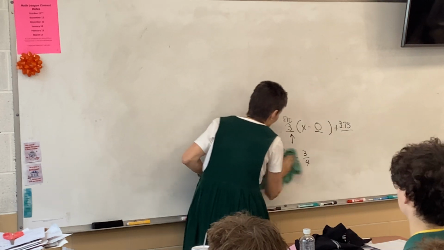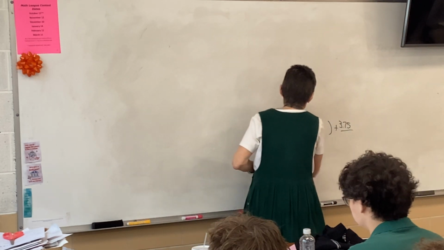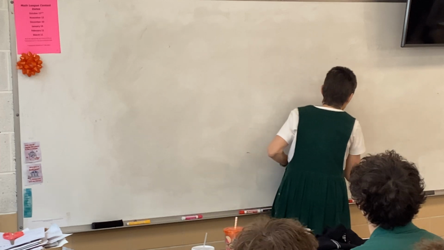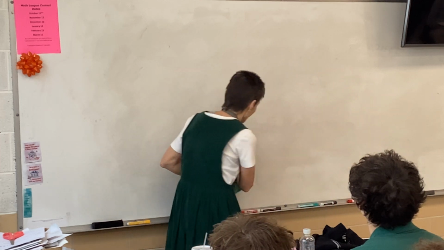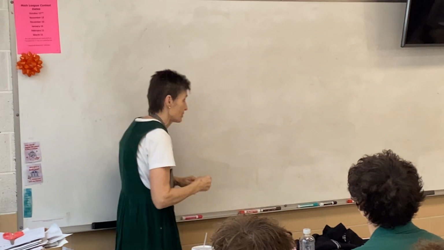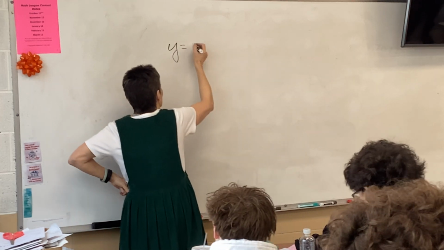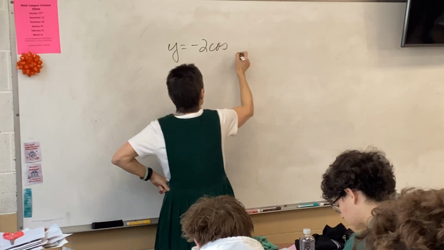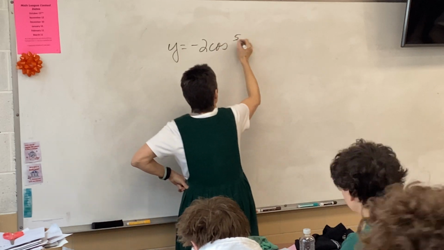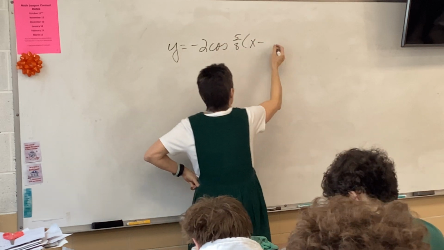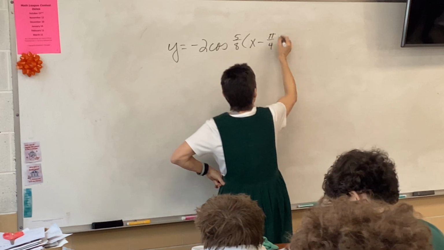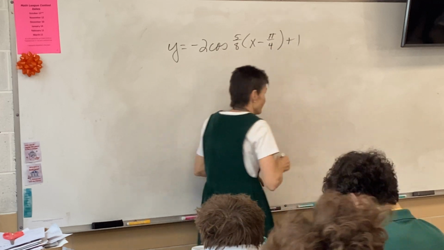So I'm gonna give you an equation, I'm so excited. You're gonna graph it, find the period and all that stuff too, so let's practice. Y equals -2 cosine of (5/8 x minus pi over 4) plus 1.